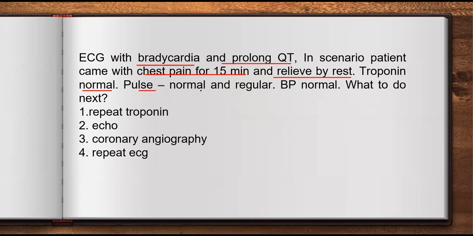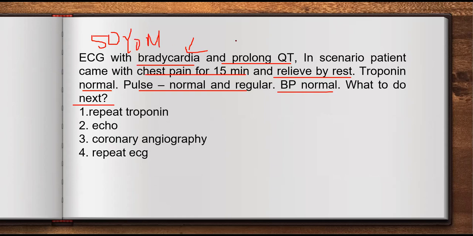Troponin is normal, pulse normal and regular, blood pressure normal. What to do next? Now look at the question: ECG with bradycardia, prolonged QT syndrome, patient coming to you with chest pain for 15 minutes, relieved by rest. To help you, this is a 50-year-old male.